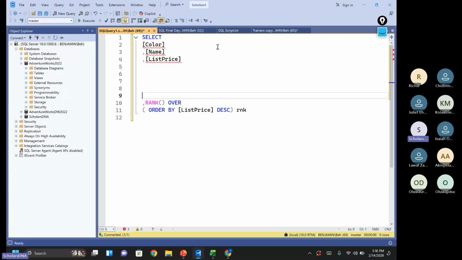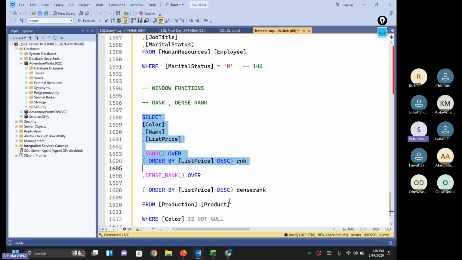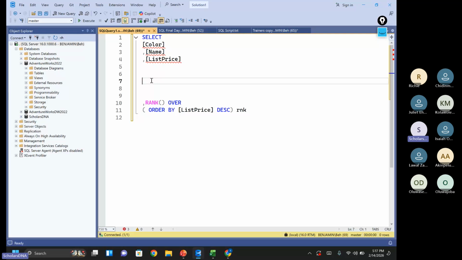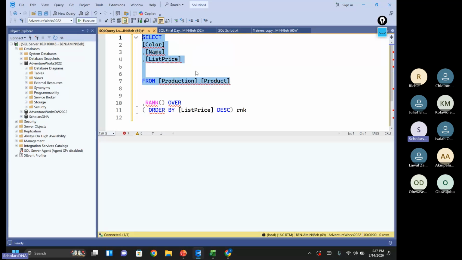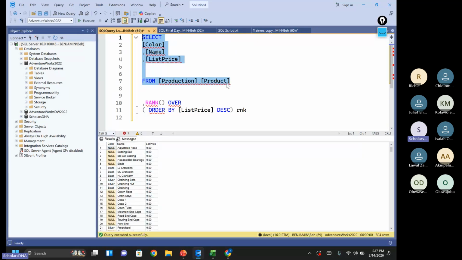All right. So right here in the script, we have production.product. I'll explain it in bits for you. Good. So if I query this, please understand the logic very well. You know about the list price.